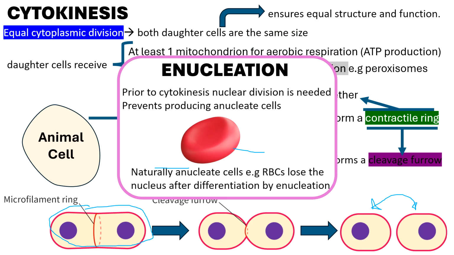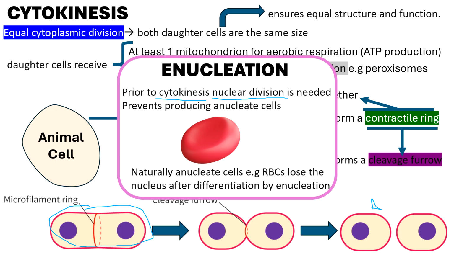Now, enucleation links to this, okay? What is enucleation? Well, it's the lack of a nucleus, not having a nucleus. Now, before cytokinesis, nuclear division is needed, okay? Why?